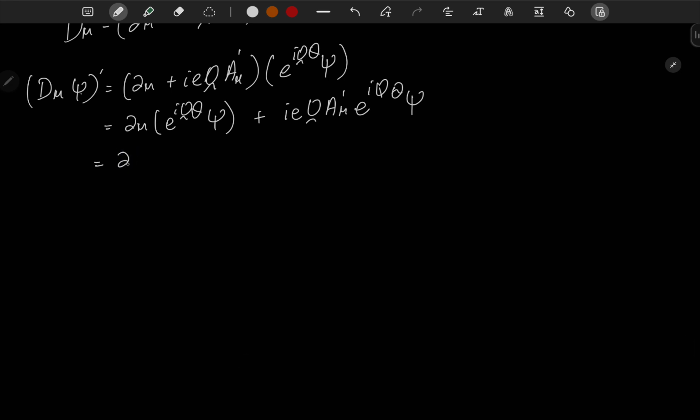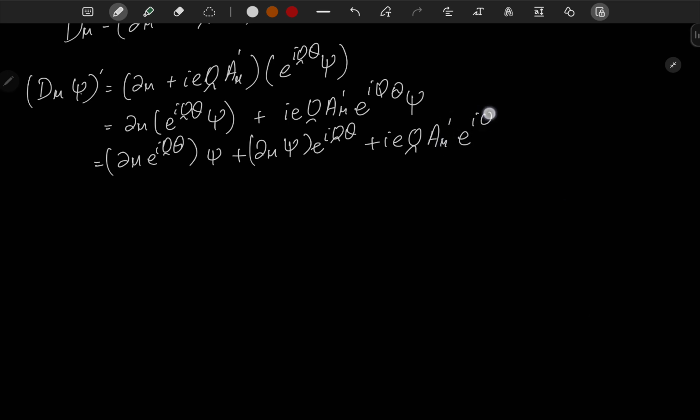So d mu of e to the iota q theta psi, plus d mu psi times e to the iota q theta, plus i e q a mu prime e to the iota q theta psi.